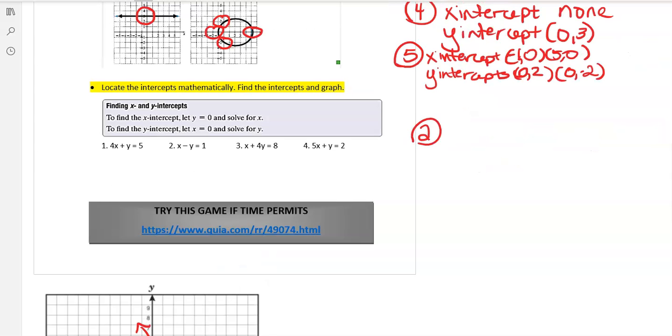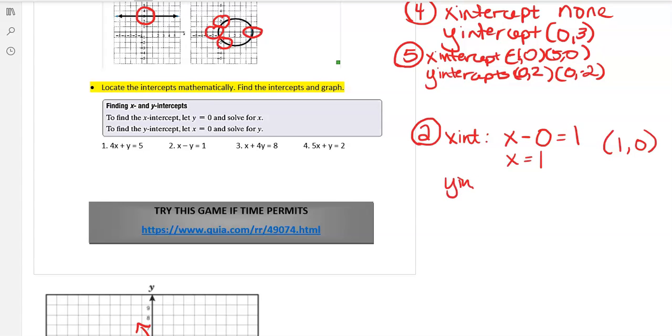Number 2, to find our x-intercept, we will put 0 in for y, and then we will solve for x. 0 cancels out, and we have that x is equal to 1. So therefore, our point is 1, 0.